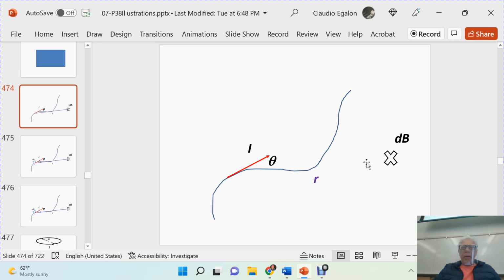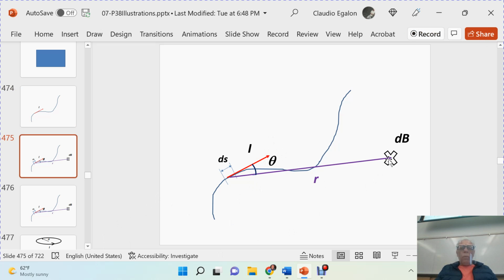Generic wire carrying a current. The current is going to be tangent to the wire.